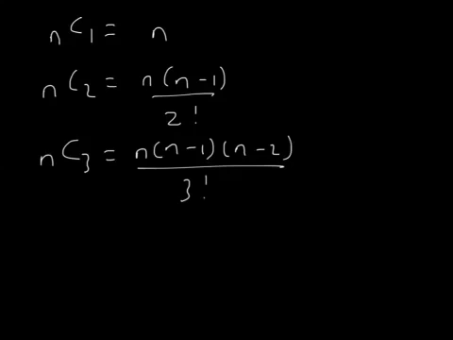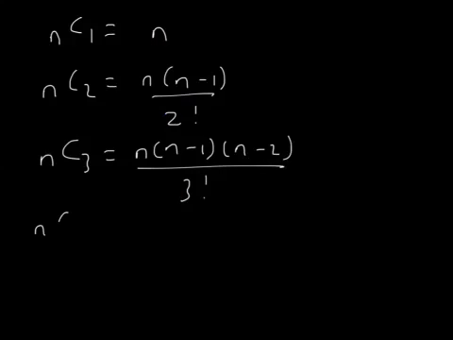We've got these results, and you can see that each term is growing. There's an n in each of them, but in this term there's an extra n minus 1. In this term there's n and n minus 1, and an extra term n minus 2. The denominators, there's a 1 factorial at the bottom here that I didn't bother writing in, 2 factorial, 3 factorial.